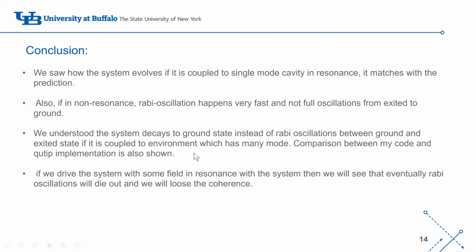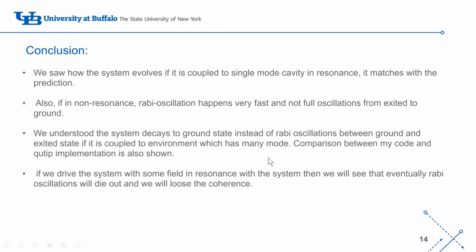And the next thing we have seen: instead of just coupling a single mode, we coupled an infinite number of environmental modes, and we saw that instead of Rabi oscillations, what we see is the decay of our Transmon to the ground state.